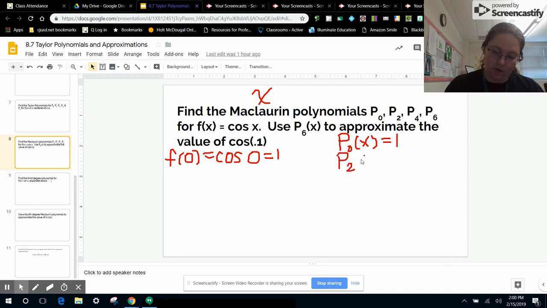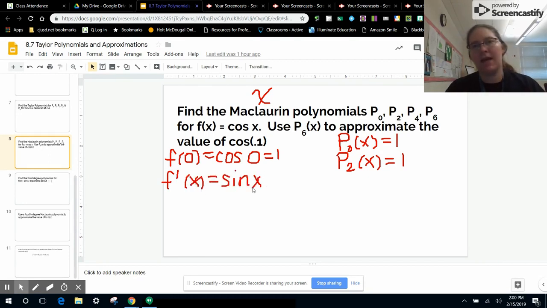My second degree will need my first degree as well in there. So let's figure out what f prime is. F prime of x is negative sine x. But here's the thing, if I found f prime of 0, sine of 0 is 0. That's why we're skipping all the odd ones, because sine is going to make that term go away. So for example, when I do my first degree, it's 0 times x.